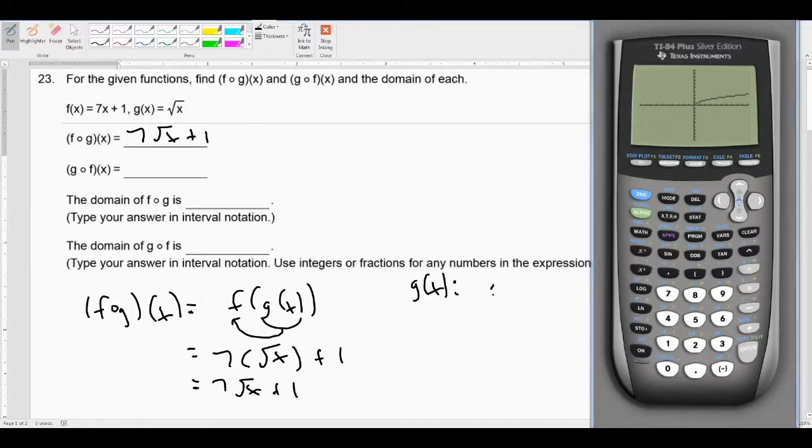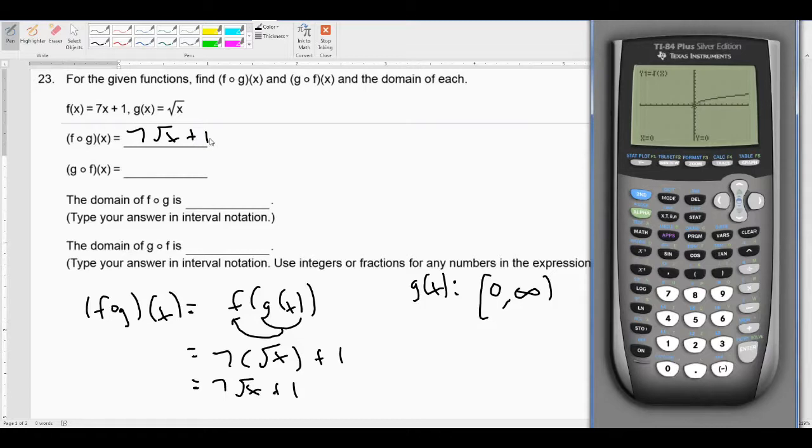The only question is, is 0 included or not? One quick way to find out is hit trace 0, enter, and if you get an answer, that means it is included, so use a bracket. If you got nothing, like -1, enter, you don't see anything, that means -1 is not included, but 0, we saw an answer.